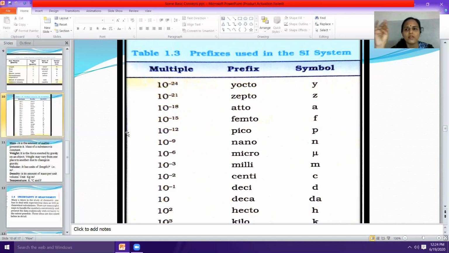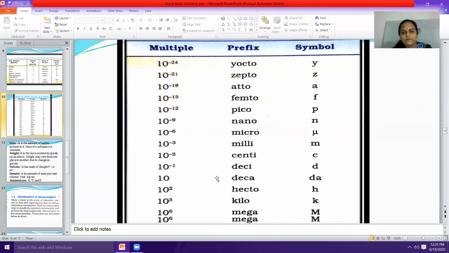You know 1 kilometer equals 1000 meter, because you have been asked to remember these things in your previous classes. So here you need to remember a little more, expand your knowledge, and remember the prefixes that are used in the SI system. So you see the minus parts first.